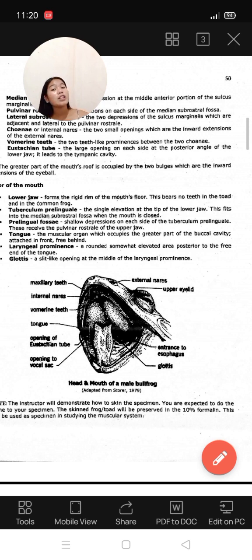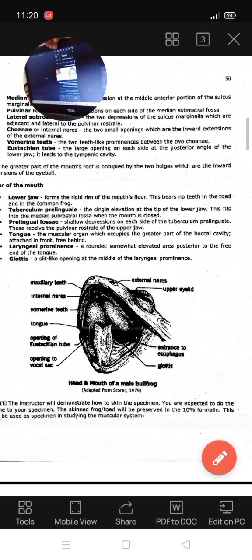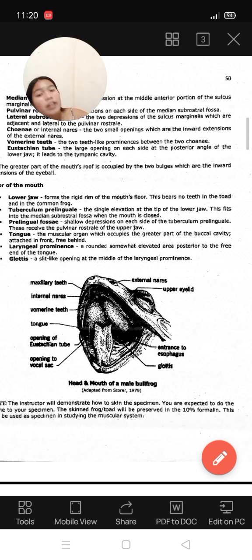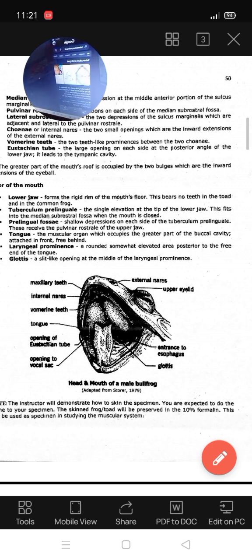Prelingual fossa lies on either side of the tuberculum prelingual, where the pulvinar rostral of the upper jaw fits. So, mauna siya ang example sa tuberculum prelingual.